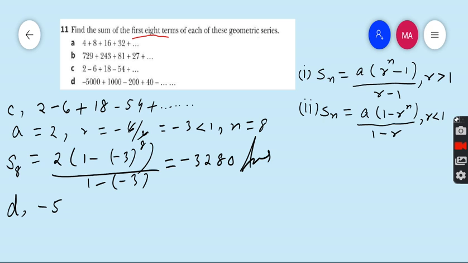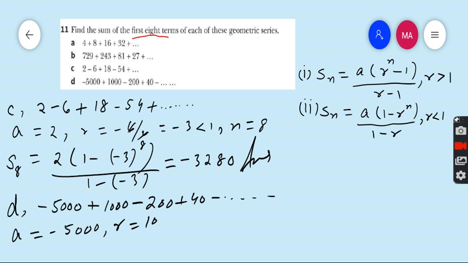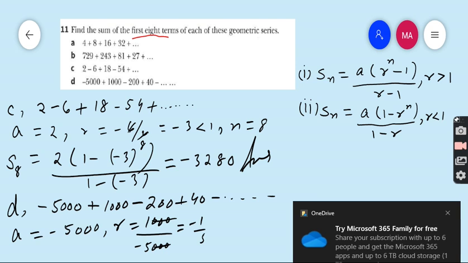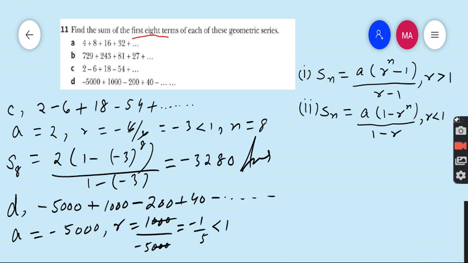Part D: minus 5000 plus 1000 minus 200 plus 40 minus and so on. So the first term A is minus 5000. R is 1000 upon minus 5000, that is minus 1 upon 5, and obviously minus 1 upon 5 is less than 1, and n is 8.